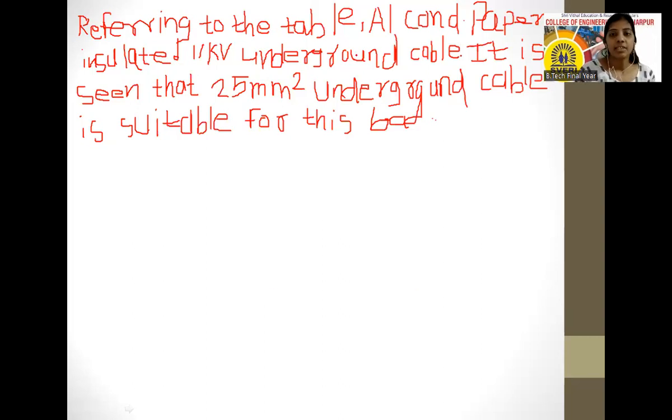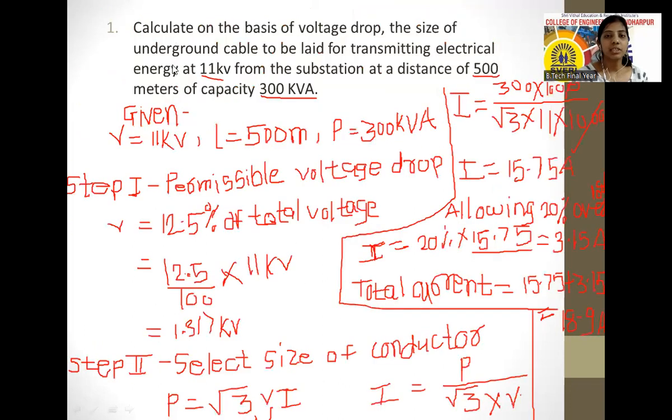Okay, so after selecting the size of the conductor, now we have to find the actual voltage drop. For finding the actual voltage drop, we have to check how much the resistance of that conductor is. In the question itself, the resistance is not shown.